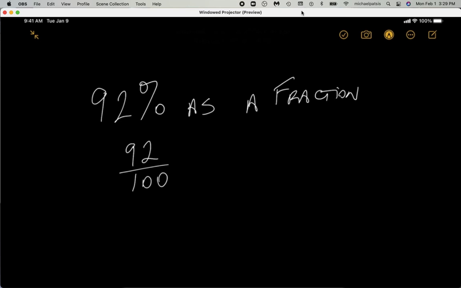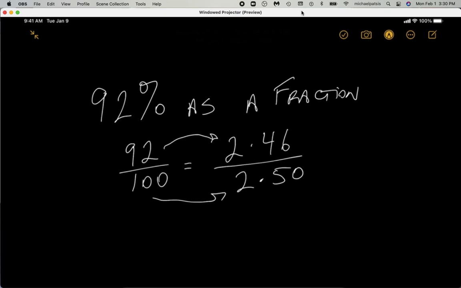Now, they may want us to simplify that. So I'll show you how I like to simplify it. I like to break things down like so. 92 can be divided by 2, and you have 2 times 46. 100 can be divided by 2, and you get 2 times 50. Let's do that again. 2 times 23, 2 times 25.